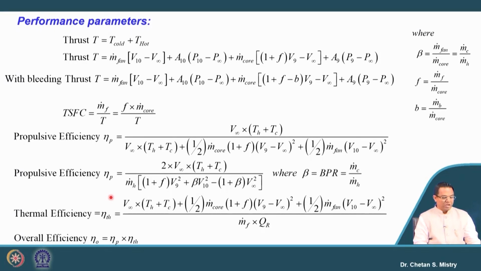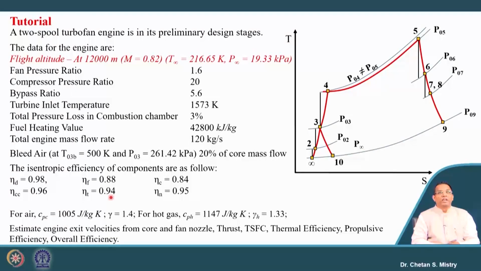Okay. Now, let us take the numerical here. You will be solving this, and the solution we will be discussing in the next lecture. So, let us see, we have a 2 spool turbojet engine in which the information given is: fan pressure ratio is 1.6, compressor pressure ratio is 20.